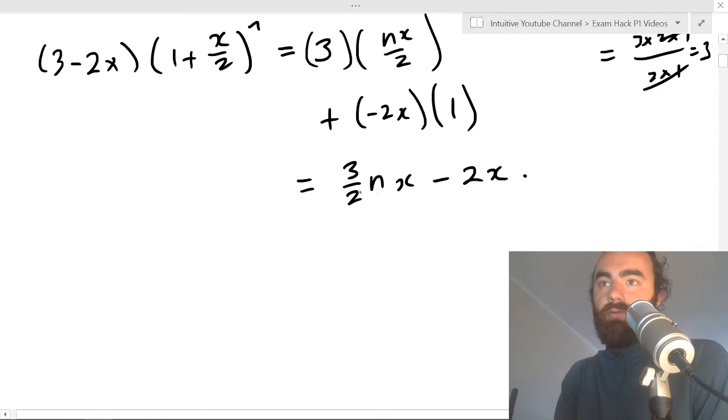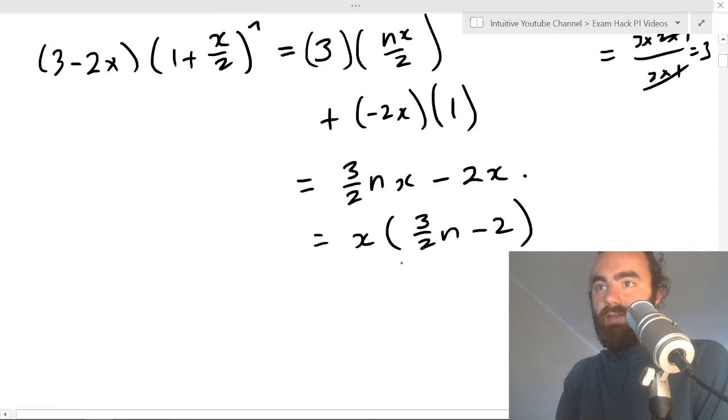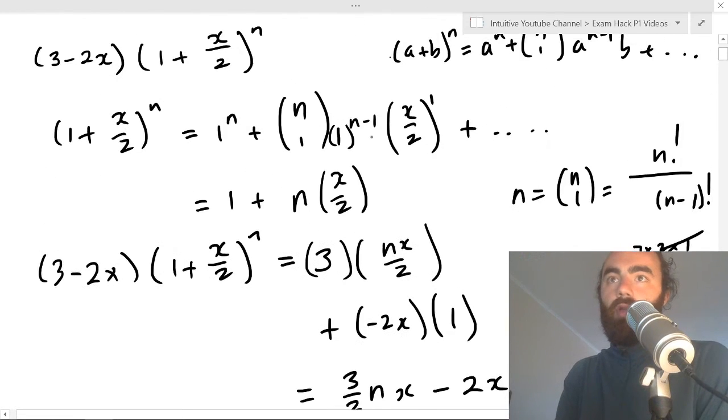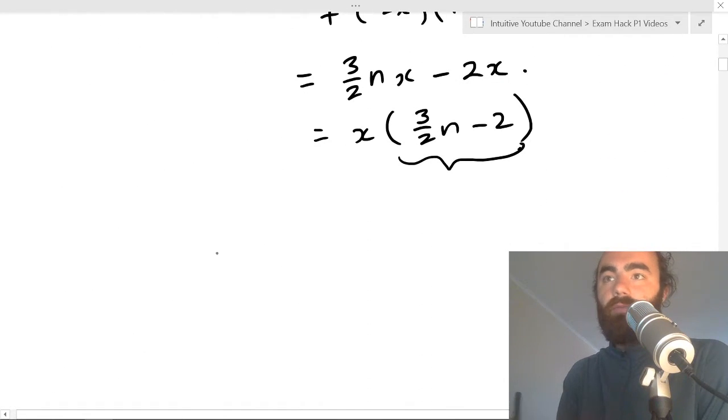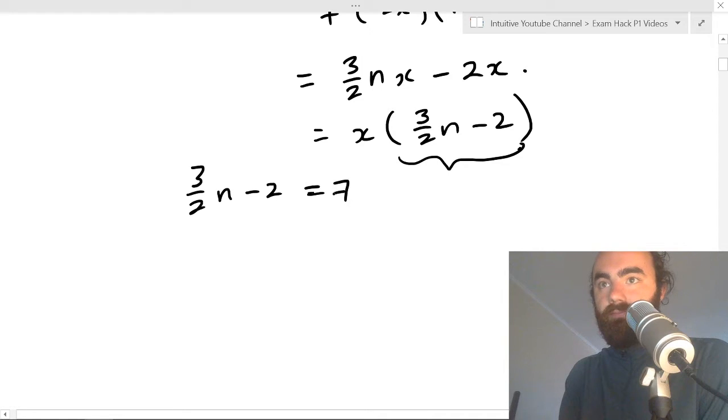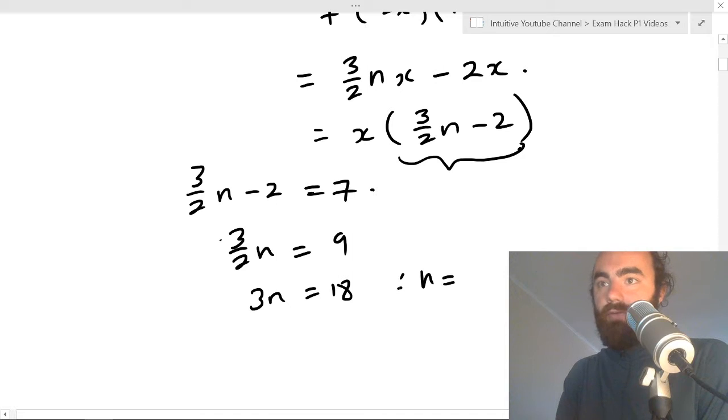And that equals, if we factor out an x, the coefficient of x, and we know that the coefficient of x is actually 7, so we can just set that equal to 7. So this gives us 3 over 2 n equals 9, which gives us 3n equals 18. Therefore, our n equals 6.